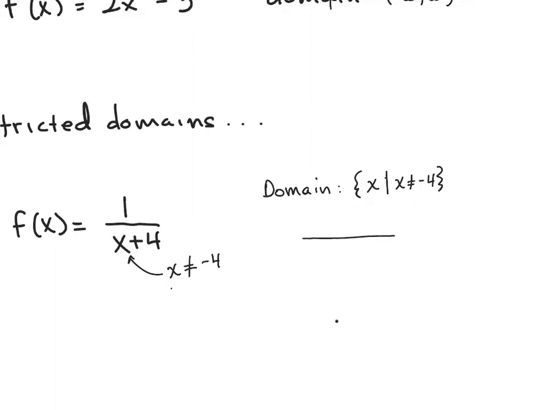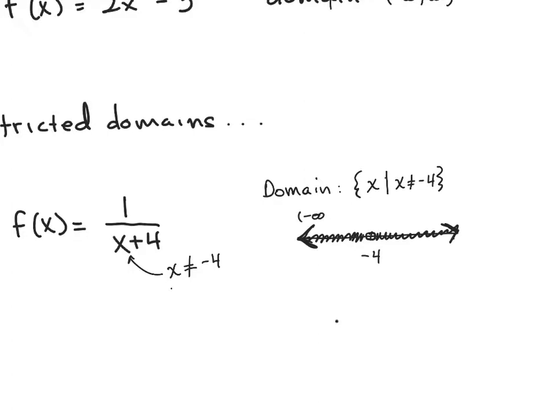If we took a number line, and I've got negative 4, everything on that number line is supposed to be highlighted except for negative 4. So we can put an open circle on negative 4. That excludes negative 4. But then we can highlight everything else, both to negative infinity and positive infinity.